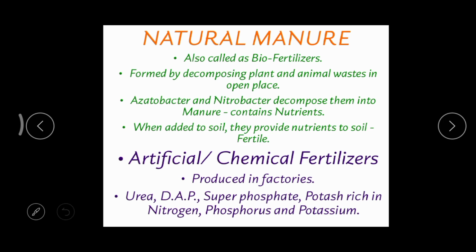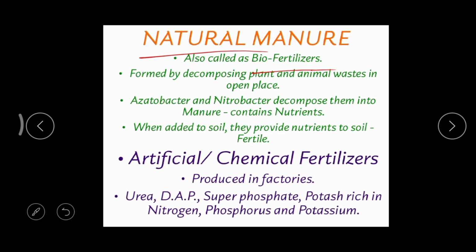And animal materials, what are they? We can say urine or dung, and even the dead parts of plants and animals. These are all said to be natural substances. When we prepare the manure from such substances, we call it natural manure, or otherwise biofertilizers. Bio means biological, which means living organisms.